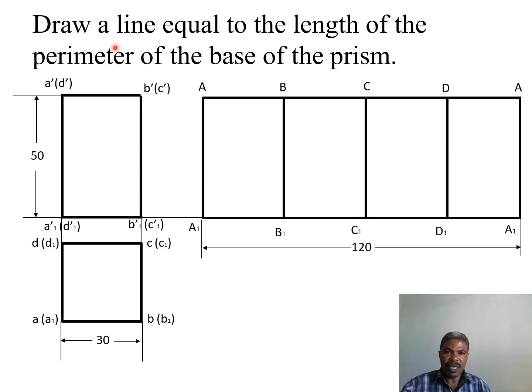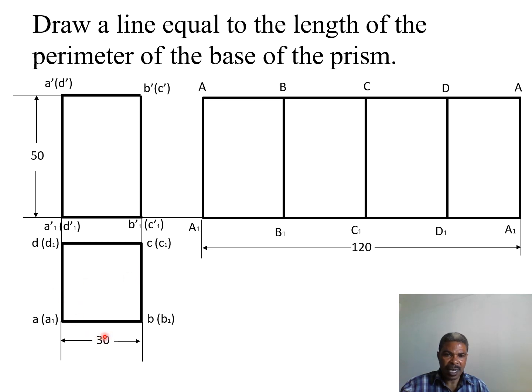From the given problem, first of all, you draw the front of our given prism to the dimensions provided. We know that our plan here, the top view, is 30 by 30 because it's a square prism.